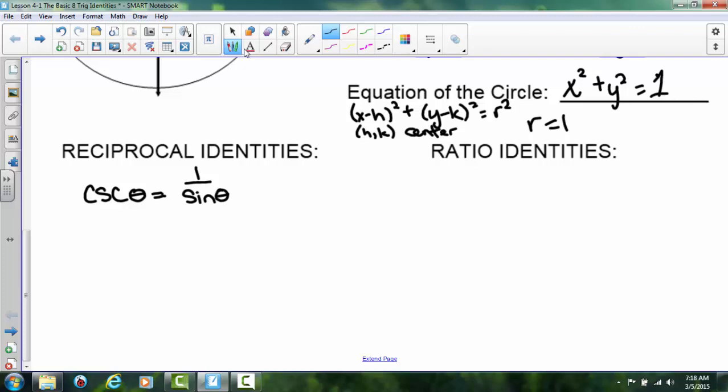Okay. And since secant theta is the reciprocal of cosine, it's equal to 1 over cosine theta. Okay. And cotangent theta, likewise, being the reciprocal of tangent, would be 1 over tangent theta.